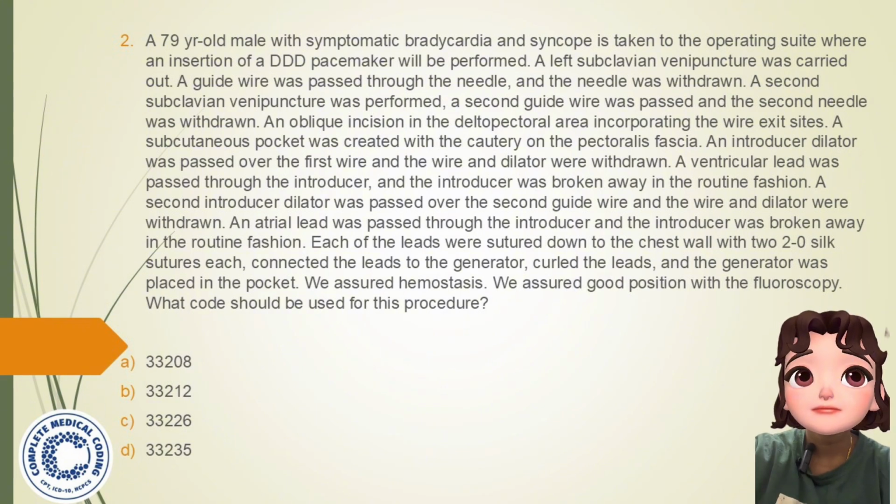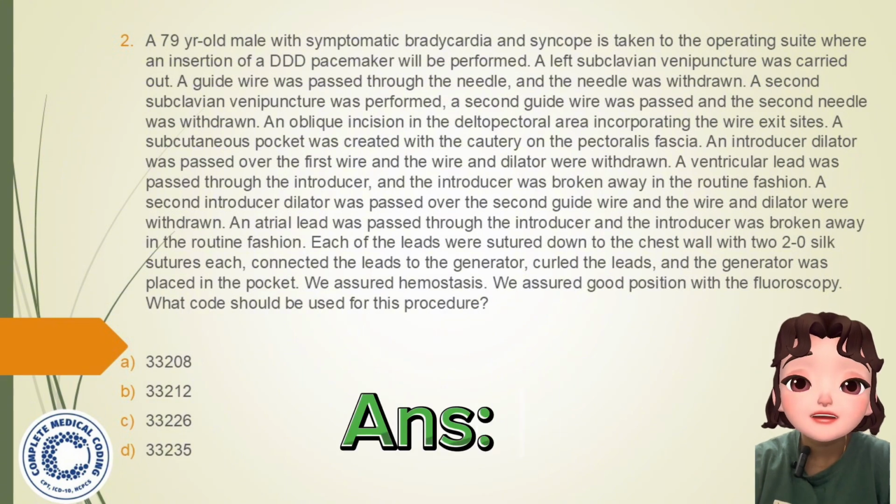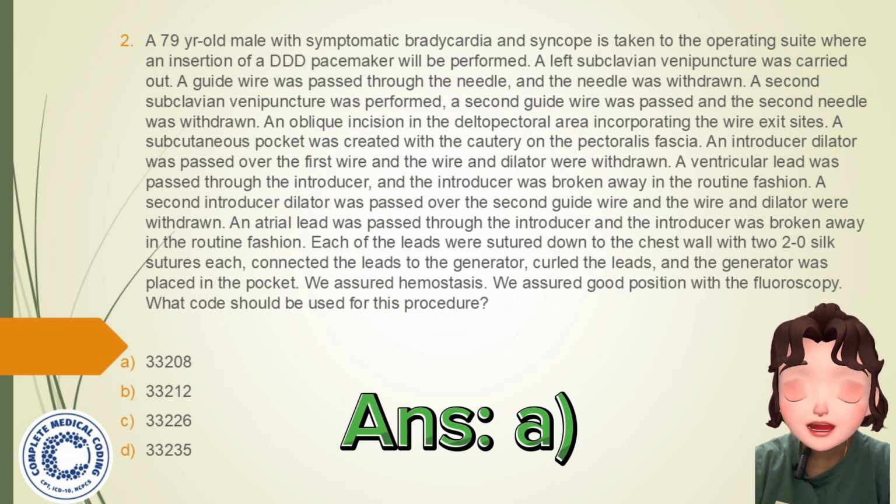Now, the last option, 33235. What is 33235? It represents removal of transvenous pacemaker electrode, dual lead system. This is not removal, this is insertion. So we already got the answer as option A, which is CPT code 33208. Insertion of a dual lead pacemaker for atrium and ventricle.